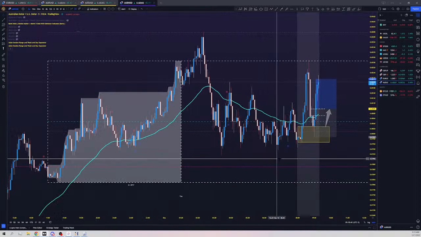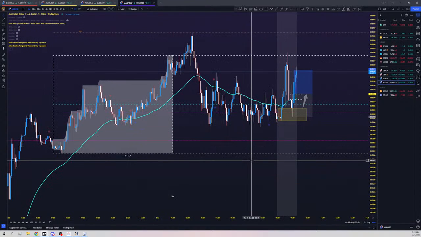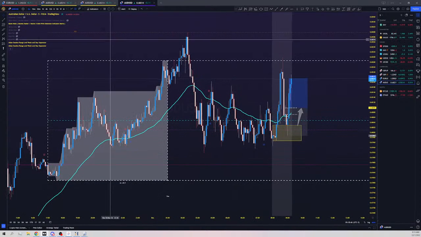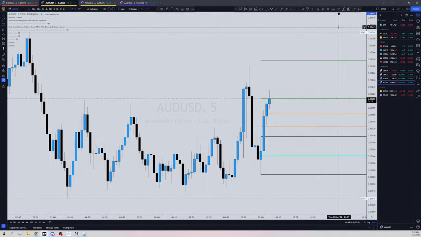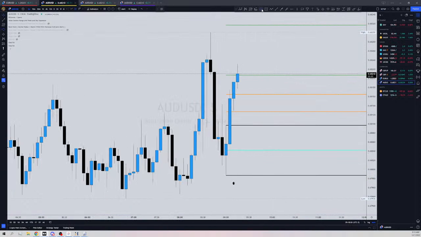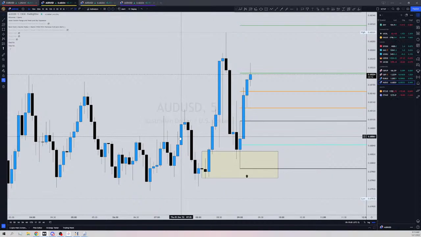So this lined up perfectly, which is nice. So let's go ahead and line it up real quick. Okay, so this is my identified area of interest.